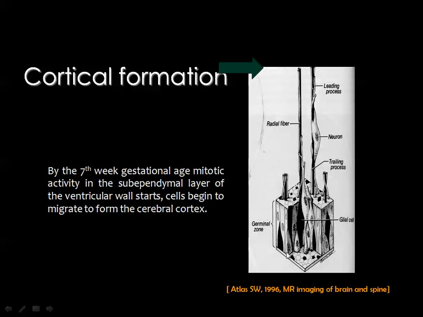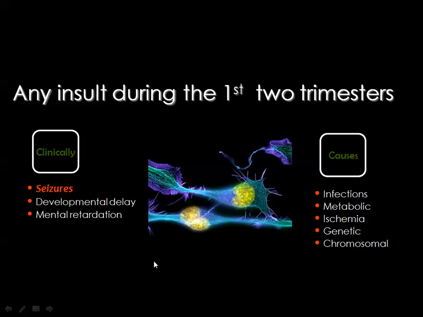You can imagine that this is the wall of the ventricle, and there is a proliferation or mitosis of the cells in the wall of the ventricle, the subependymal layer, to form the cells which will migrate on what's known as the radial fibers, and this migration continues until these cells reach the cerebral cortex.